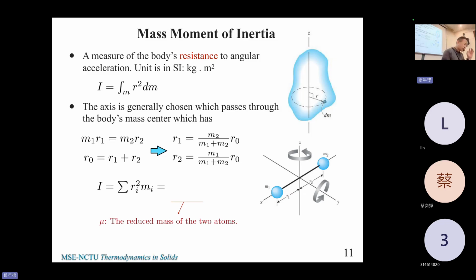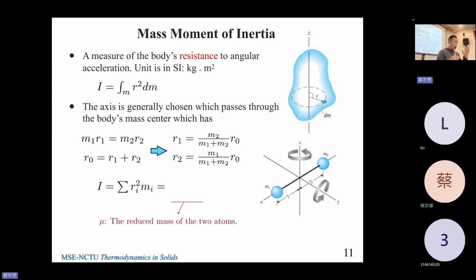The definition for this is a measure of the body's resistance to angular acceleration. Wow, this is still difficult. I will say this is the value describing how difficult it is for this material to rotate. So if the mass moment of inertia is big, it means that it is really difficult to rotate it.